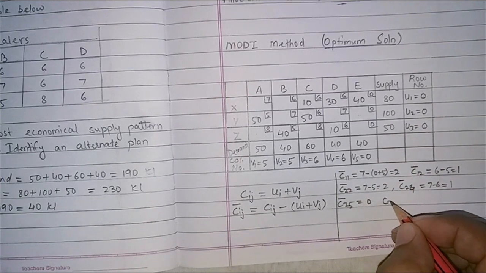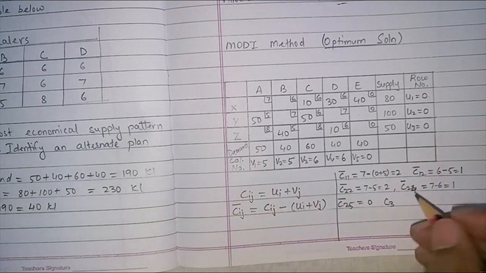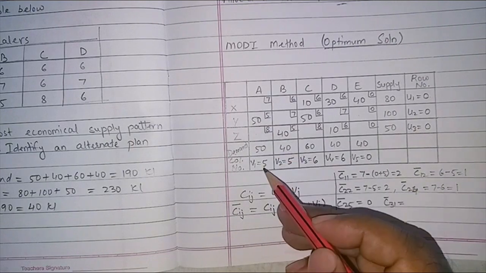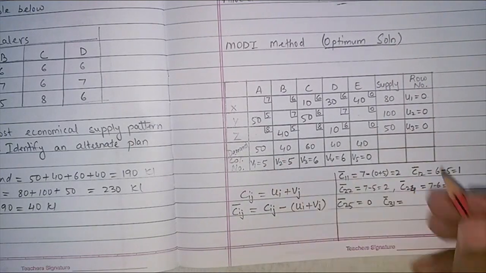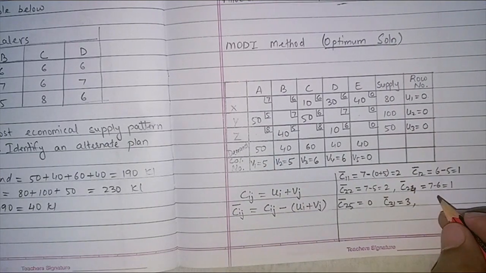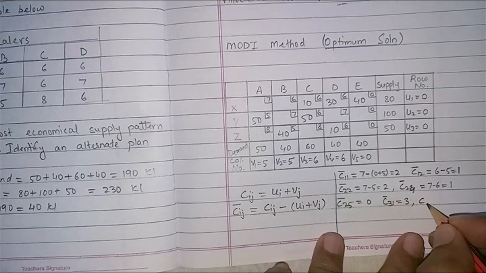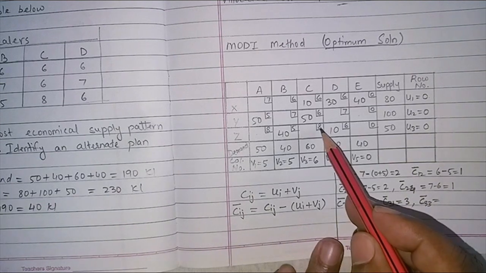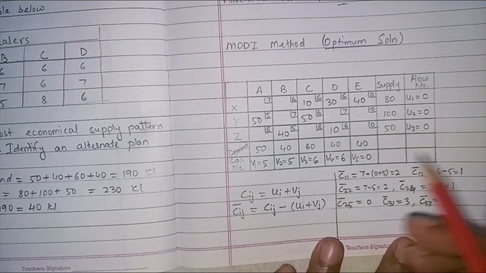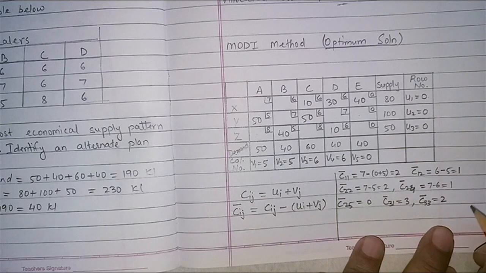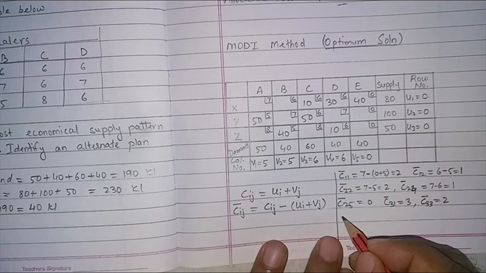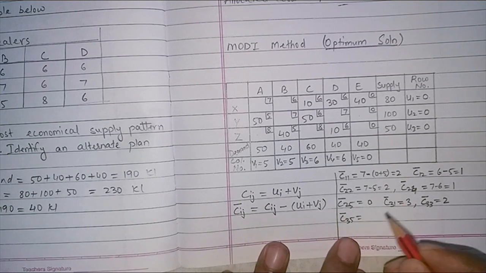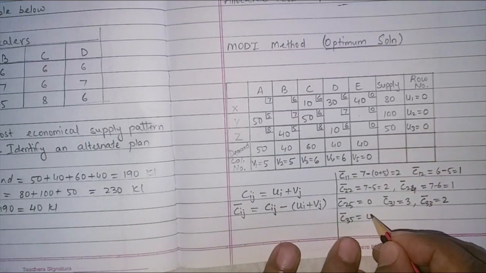Next is C31, we have 8 minus (0 plus 5), that is 3. Then we have C33, which is 8 minus 6, that is 2, and finally C35, which is equal to 0 minus 0, that is 0.